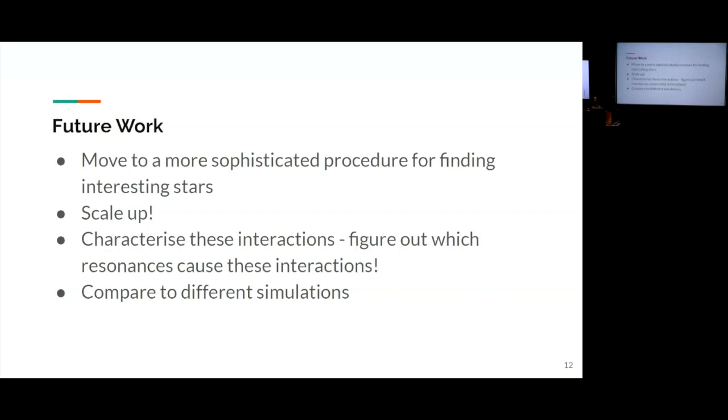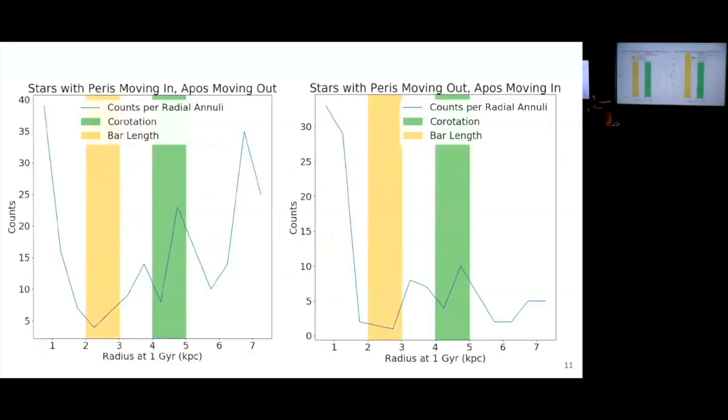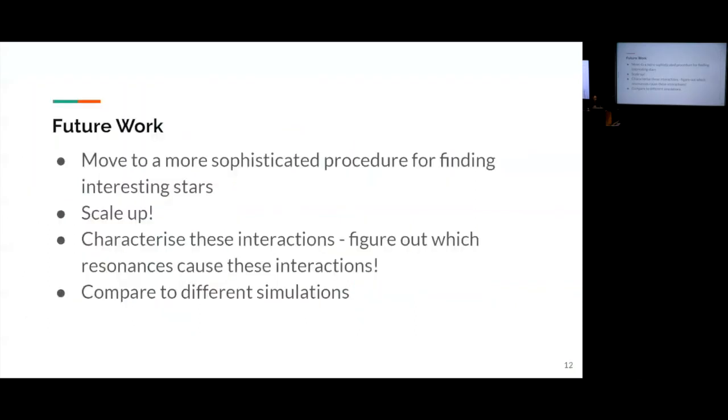I also want to better characterize these interactions and figure out what's actually happening here, instead of just looking at plots and saying, this seems like it's probably happening around here. I also want to compare to different simulations. I think it would be good to look at things with just a bar, just spirals, and even different simulations that also have a bar and spirals, just to see how initial conditions affect this.